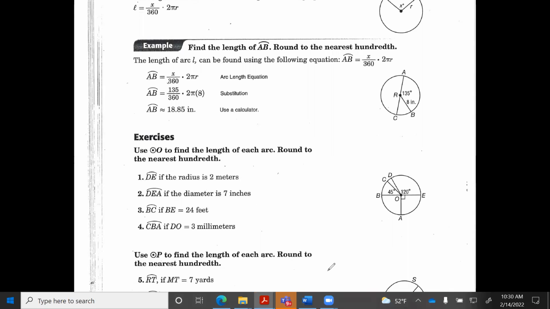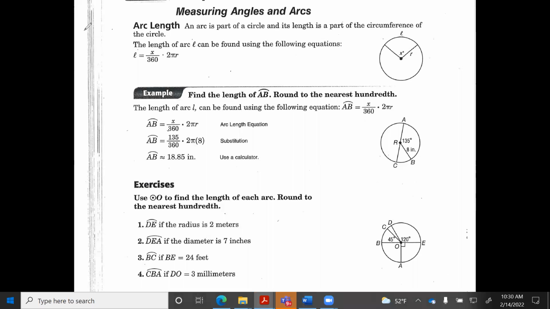So now on here, they have an equation. So we have arc length. When we talk about arc length, or the length of an arc, we're still talking about a distance. So now we're talking about a distance on an arc.